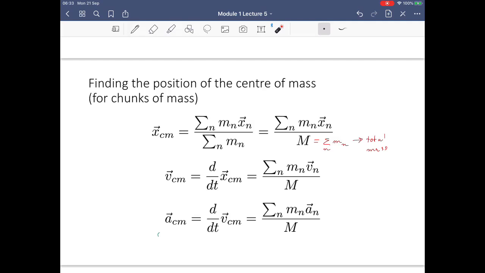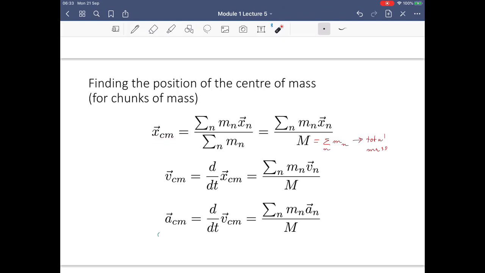Suppose that your system is composed of n smaller parts, then summing all the parts together, you have the total mass. Okay, and this formula is the formula to find the average x, the average position in the x direction of your system, or the position xCM.